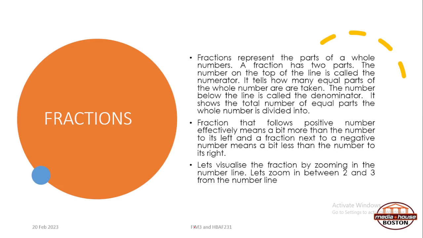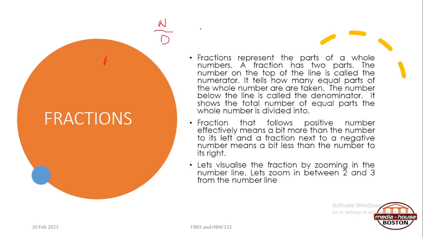And then we also have what we call the fraction. The fraction represents the parts of a whole number. A fraction has two parts. You'll have your number on top that will be divided by another number.